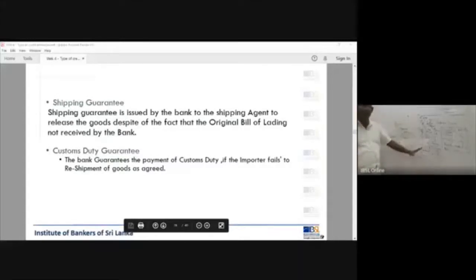So that is LC. Hope everything is okay. Right? So this is the LCs. Then we'll go to documentary credit, DA, DP type, which is the second part.